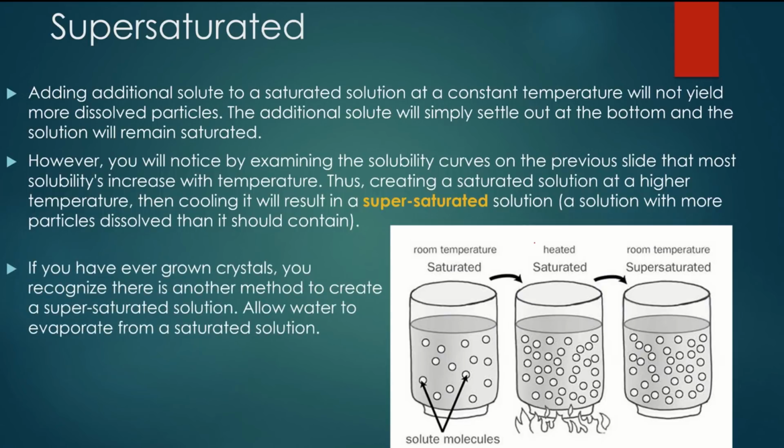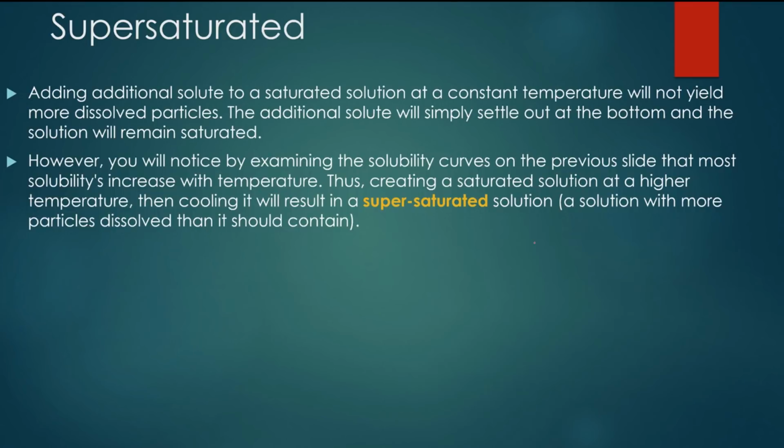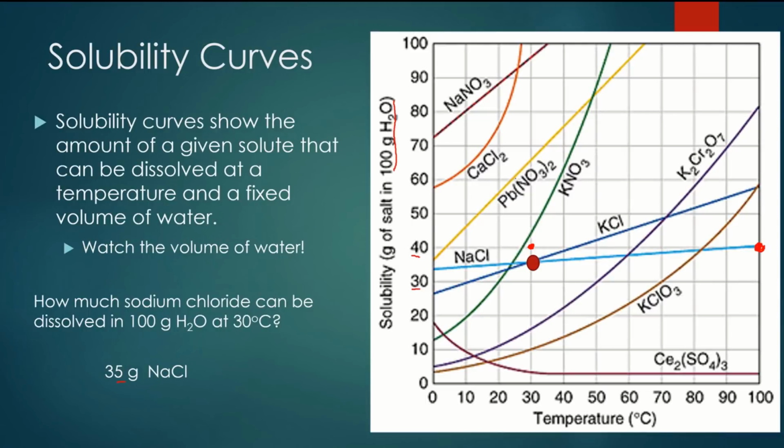Another technique you could use is to allow the water to evaporate. So you won't have your 100 grams of water, but you would have more salt dissolved in less water than what that water is supposed to be able to hold. So again, looking back at our image here, 100 grams of water at 30 degrees can hold 35 grams of salt.